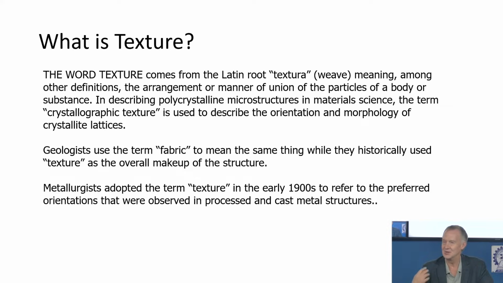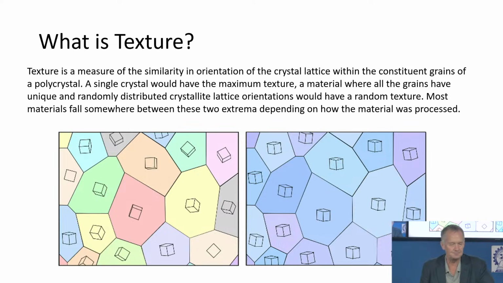Another thing that's a little different. Metallurgists adopted the word texture over 100 years ago, in the early part of the 20th century, to define preferred orientation, because it was noticed that during processing or casting there would be specific crystallographic directions that lined up. So that's when the word texture started coming into play.